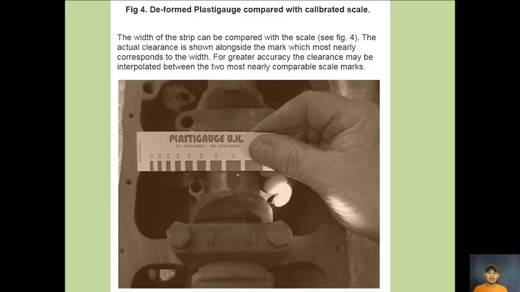Depending on how it was compressed, you can check the measurement of the clearance of both surfaces. There is a paper like this, a measuring guide, so that you can check how thin this plastic gauge is. That is the clearance of your bearing and main journal.